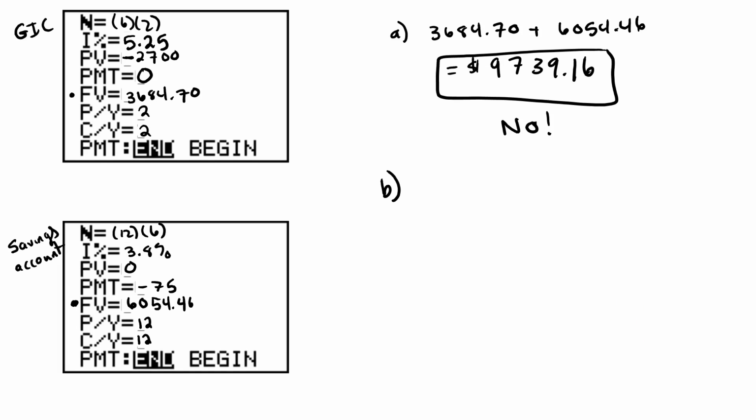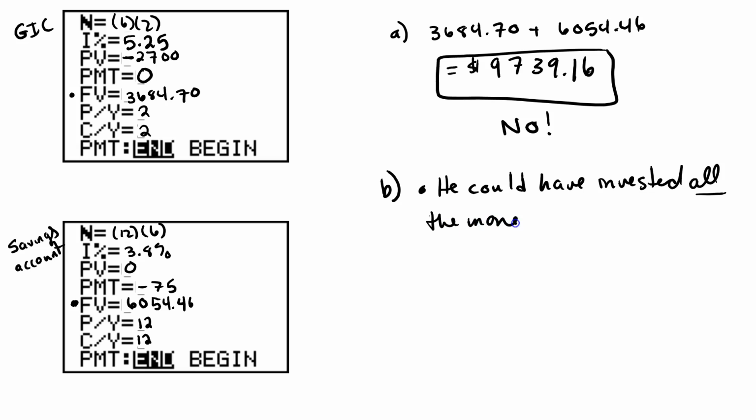So let's think about what else he could have done. Well, the obvious is he could have invested all of the money from his prize. He could also invest his money into something a little bit more aggressive, like an aggressive mutual fund, or stocks.